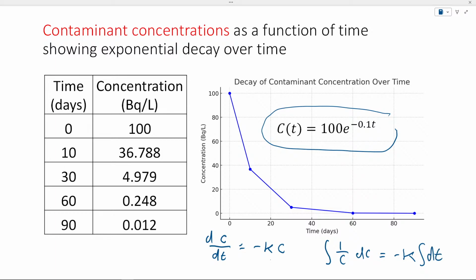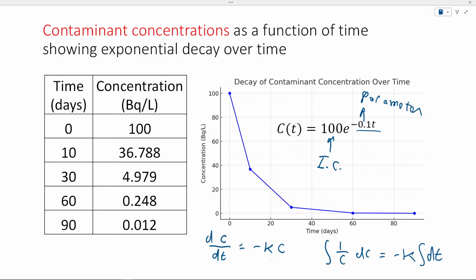By doing this integration, I was able to come up with this relationship, concentration as a function of time, and substituting this is my initial value. So when we do modeling, we usually have an initial condition and a boundary condition. Here we have an initial condition. This is a parameter or a factor.